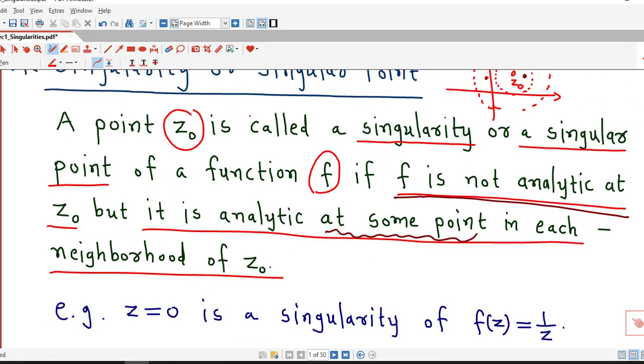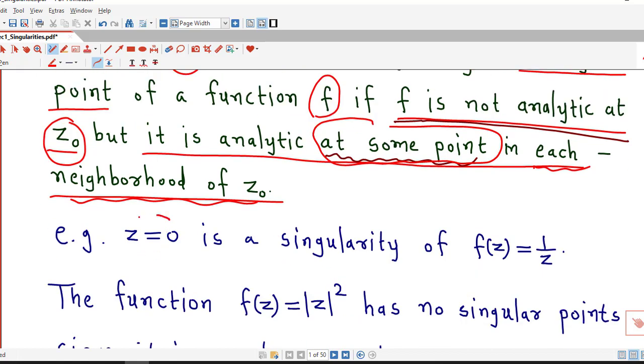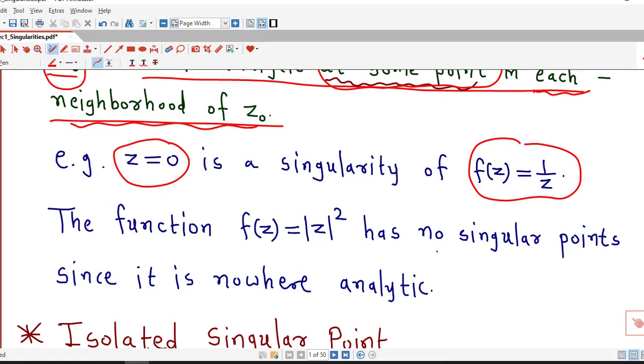A point z0 is called a singularity or singular point of a function f if f is not analytic at that point, but f is analytic at some point in each neighborhood of z0. So as we discussed, z equal to 0 is a singularity of f of z equal to 1 by z. The function f of z equal to mod z square has no singular points since it is nowhere analytic.